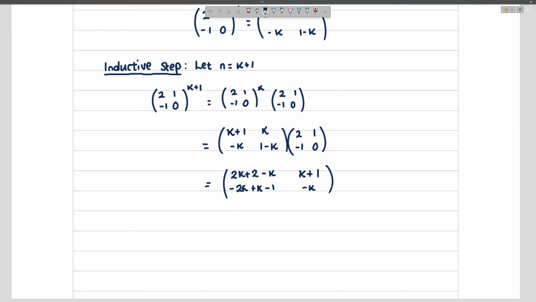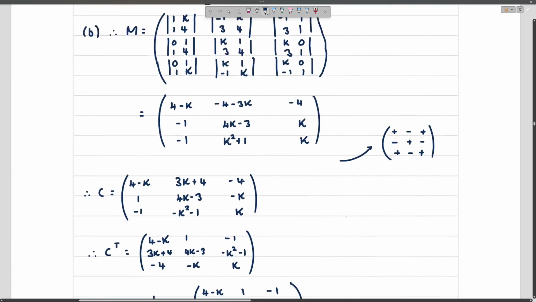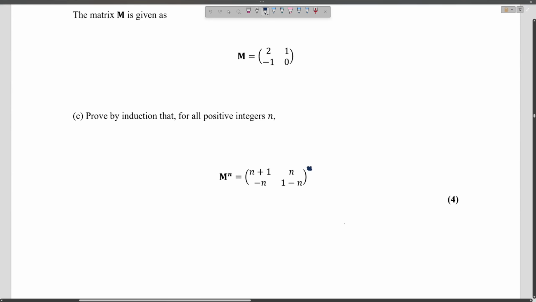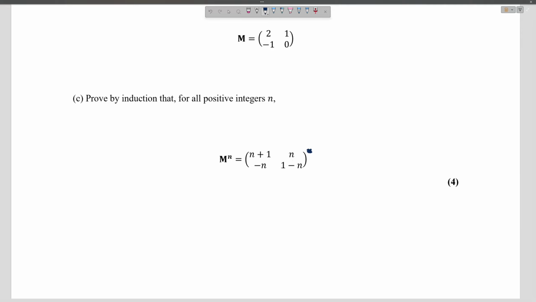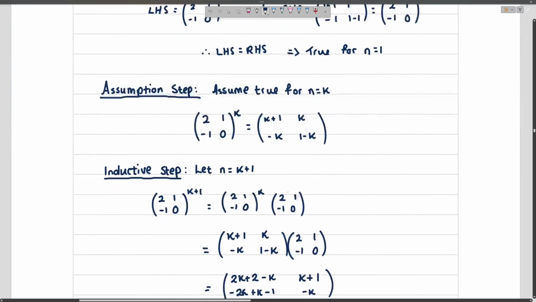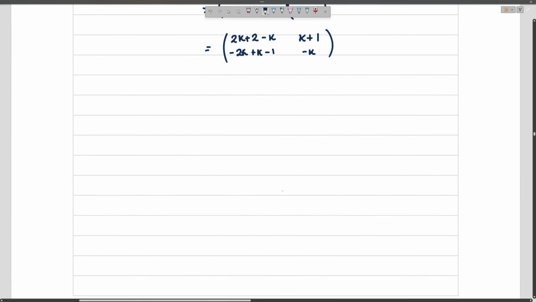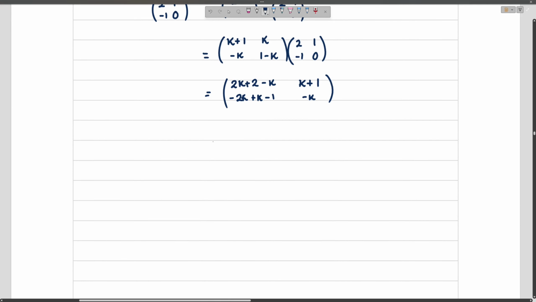Now, if you just go back to the question here, and if we think about this for a moment, what I want to do here is replace n with k plus 1. I should get k plus 2, k plus 1, minus k plus 1 here, and 1 minus k plus 1. So if I just simplify this here, what do we actually get then?